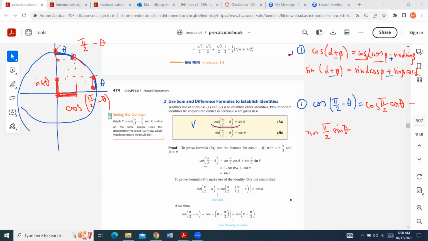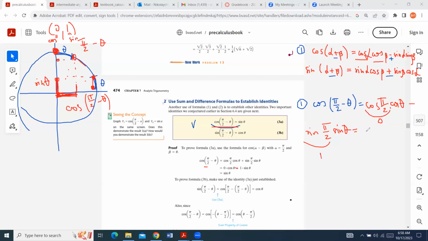So now here's my angle pi over 2, right, 90 degrees. So the point on the unit circle has coordinates 0 and 1. So cosine is going to be 0 as usual, the first coordinate, and sine is equal to 1. So instead of cosine pi over 2, I put 0. Instead of sine, I put 1.